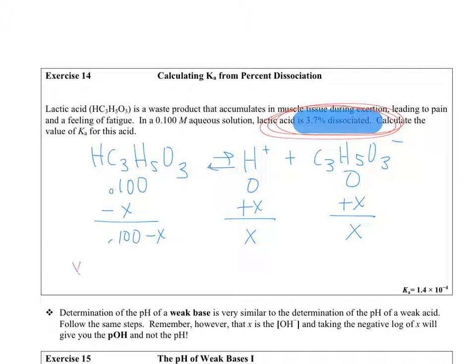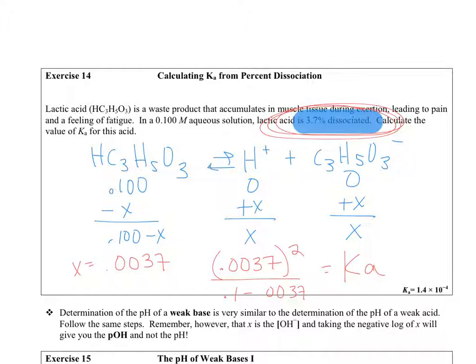So x equals 0.0037, 3.7% of my initial. So then I can say, okay, x squared, 0.0037 squared over 0.1 minus 0.0037 equals Ka.